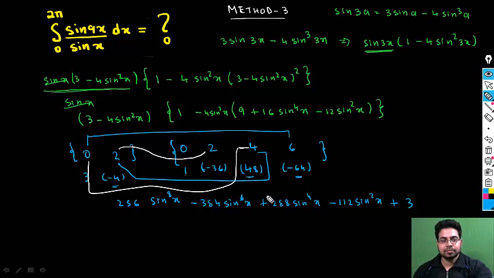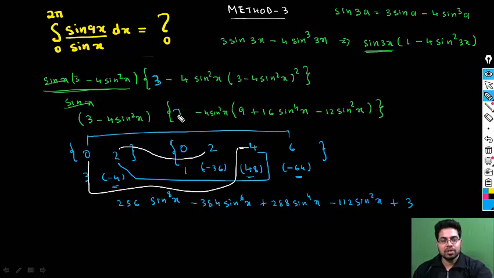Now here actually, it was sine 3x equals 3 sine x minus 4 sine cube x. So if we took sine x outside, here it should have been 3. This expression, this one should have been 3.